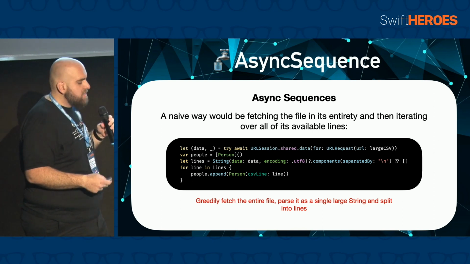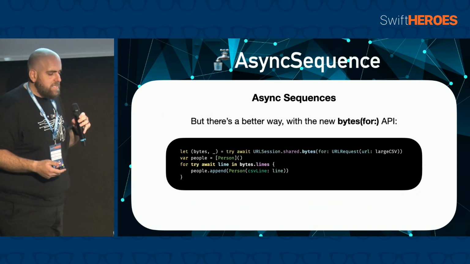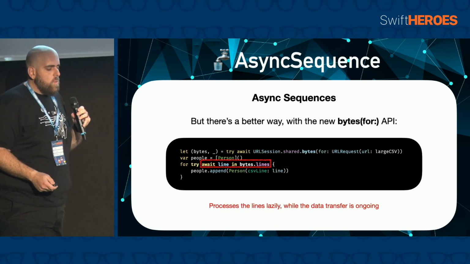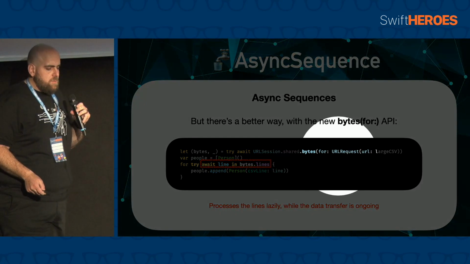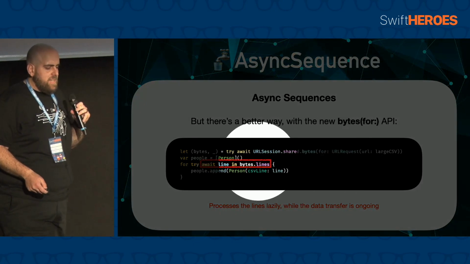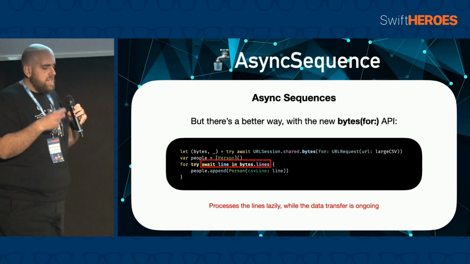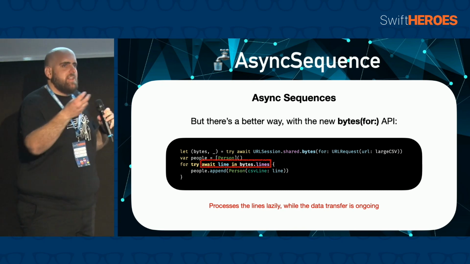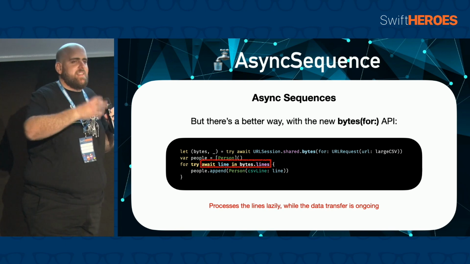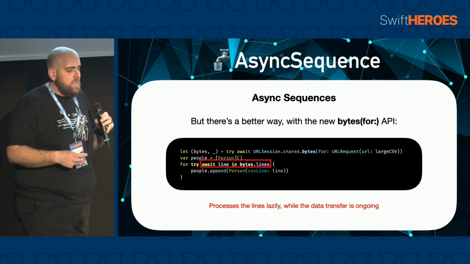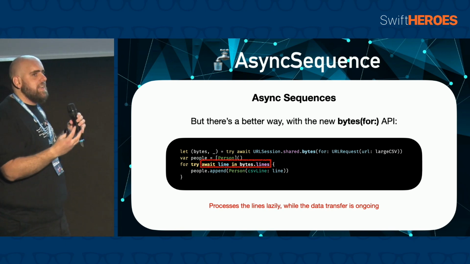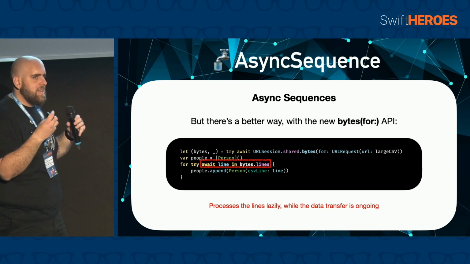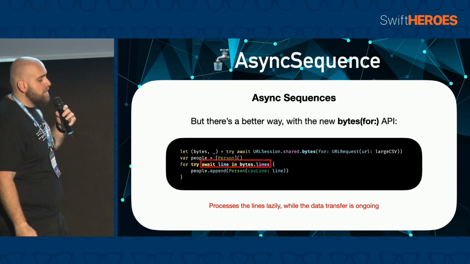What we can do with async sequences is use this new bytes API. Here, we are using this bytes API that provides bytes.lines, and we can await each line in the request lazily. So while the data is being pushed towards you, you're getting it line by line or in chunks, but you don't have to take the entire file into memory. You get the data as it comes from the server.